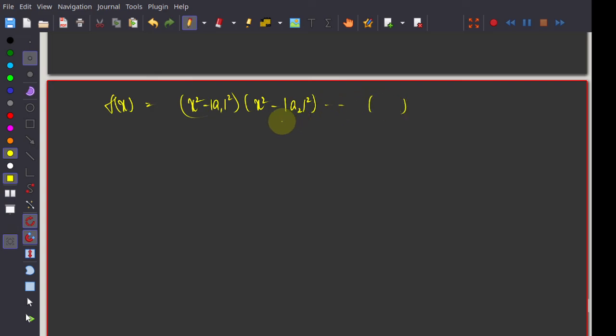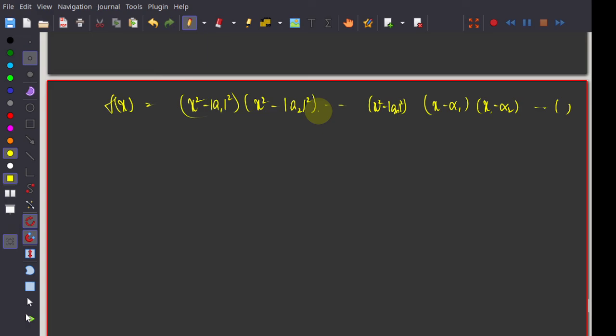Suppose it has 2m complex roots, x square minus mod am square times, it has some real roots, x minus alpha 1 times x minus alpha 2, and all of these are divisors. And this is true for all polynomials of degree at least 2.